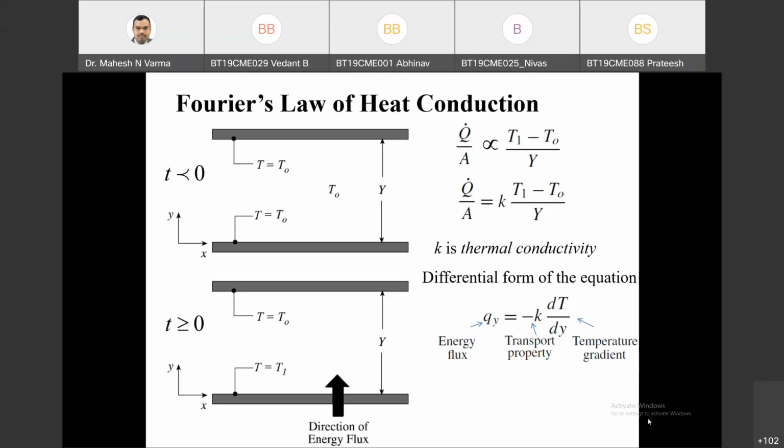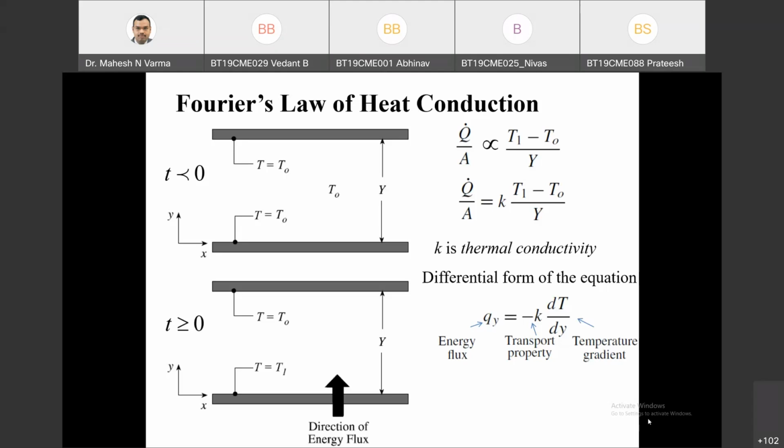Okay. Heat, energy, is similar to which quantity in momentum transfer? Momentum, sir. Momentum.